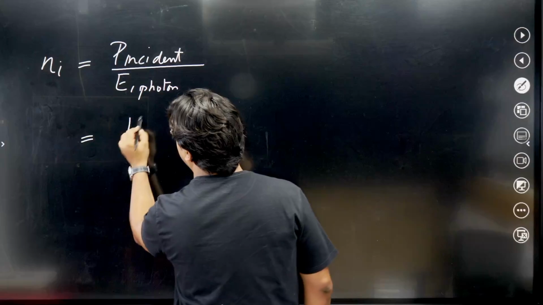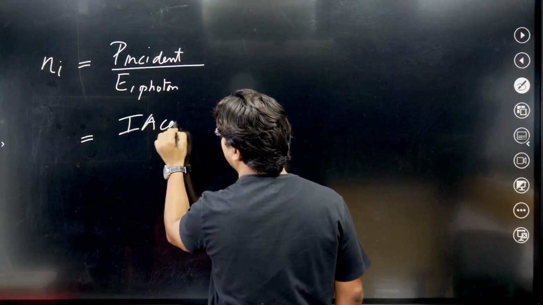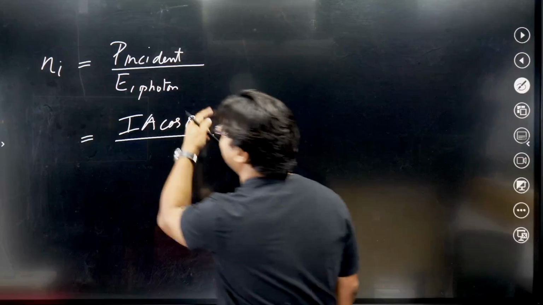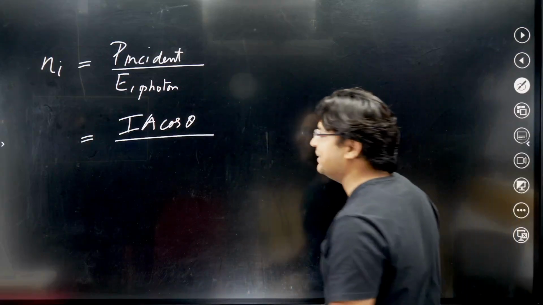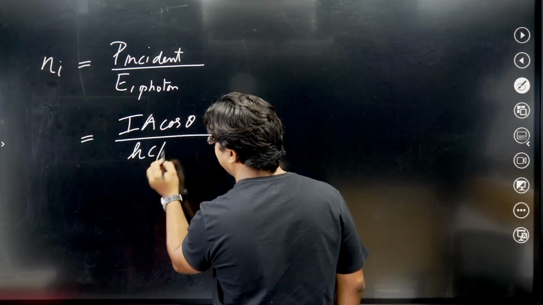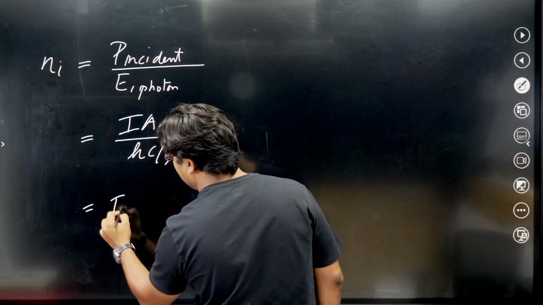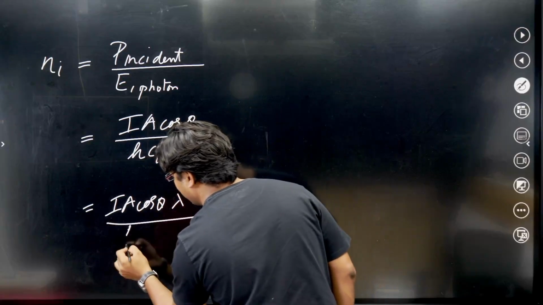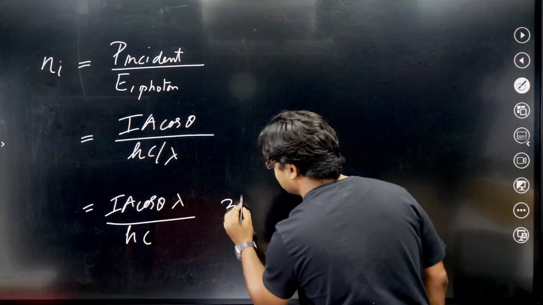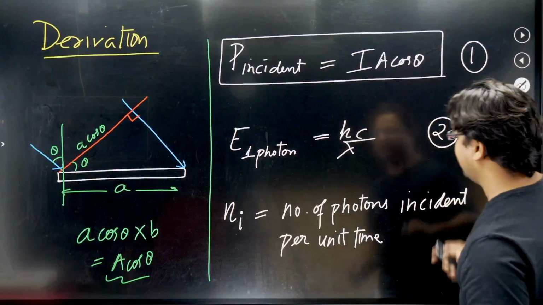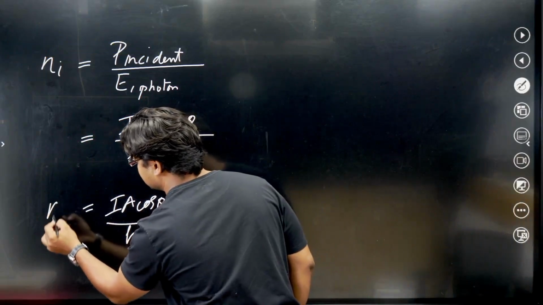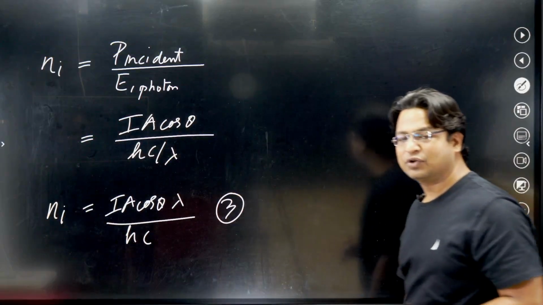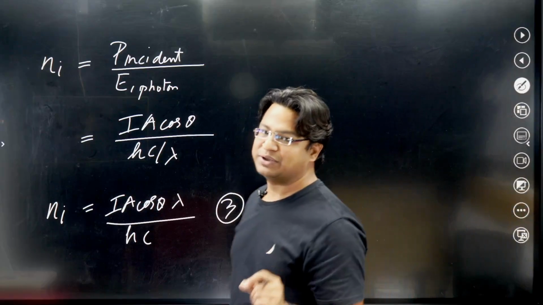That will be I a cos theta divided by the energy of one photon, which was hc by lambda. So this becomes I a cos theta into lambda by hc, and let me call this equation number 3. I hope 1 and 2 were written. So this is my equation number 3. This is n_i, the number of photons incident on the plate in 1 second.